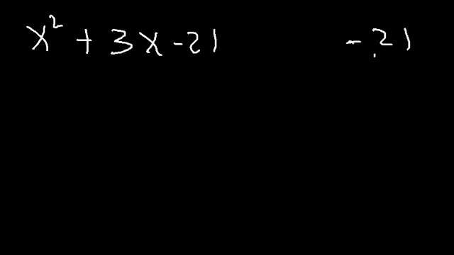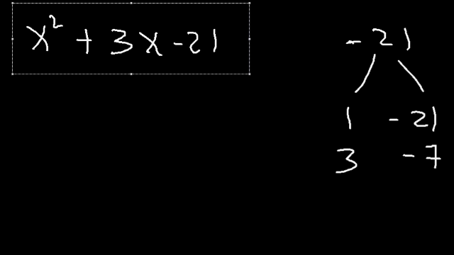So go ahead and try this example. X squared plus 3x minus 21. So let's make a list of the factors of 21. So we have 1 and negative 21. 2 doesn't go into it. 3 and negative 7. Actually, this one is not factorable. So let's change it.